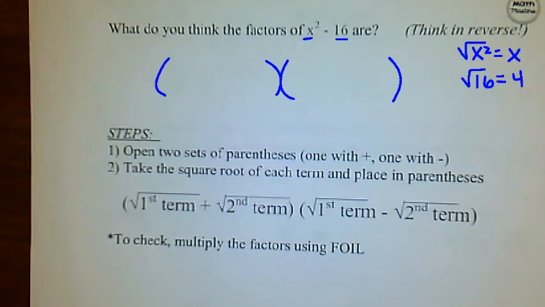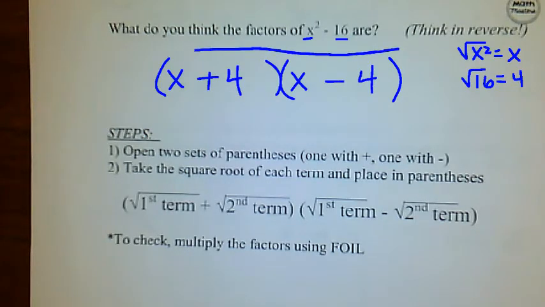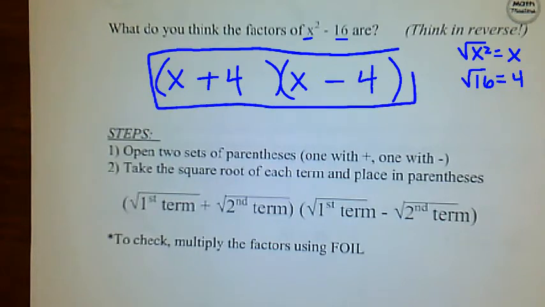Now what I want you to remember is the square root of 16 can actually be a positive 4 or a negative 4. Because 4 times 4 is 16, and negative 4 times negative 4 is also 16. So we're going to have one be a plus 4 and one be a minus 4. So those are our factors.